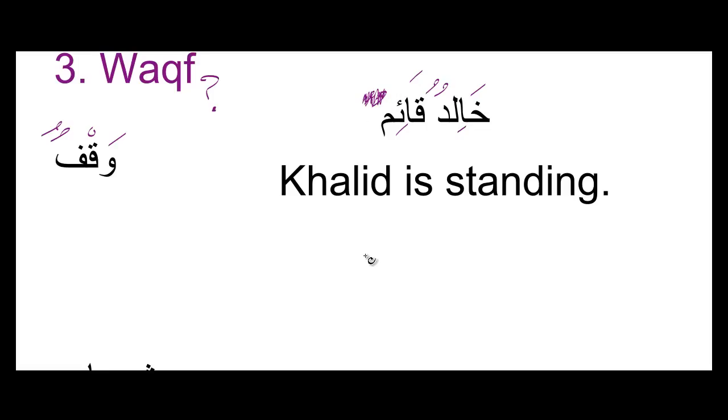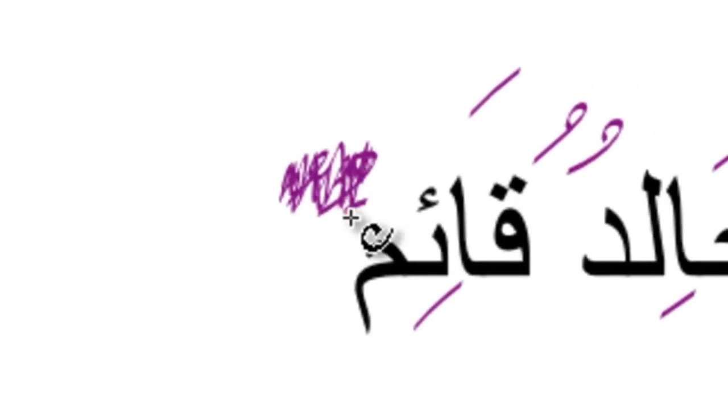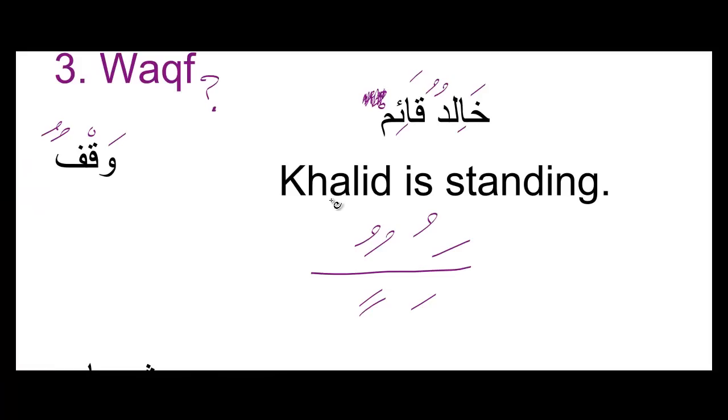So you can have two dhammas or one dhamma, you can have two kasras or one kasra, or you can have one fatha. With these 5 vowels, when you make waqf, you just stay silent and basically replace them with a sukun. The sentence still means the exact same thing, but since I'm stopping and I've completed my sentence, I just say Khalidun qa'im. I don't need to say Khalidun qa'imun. So I just put a little sukoon there in place of what I had before, and that's how I make the waqf.